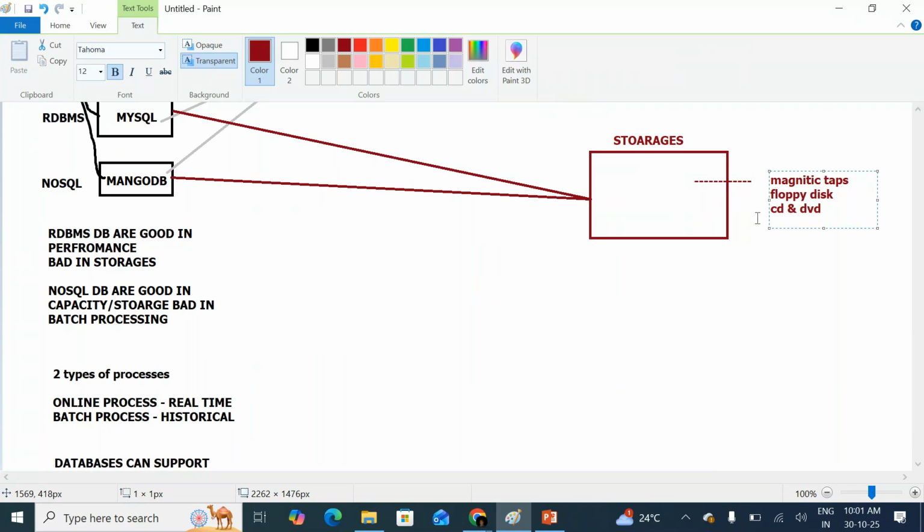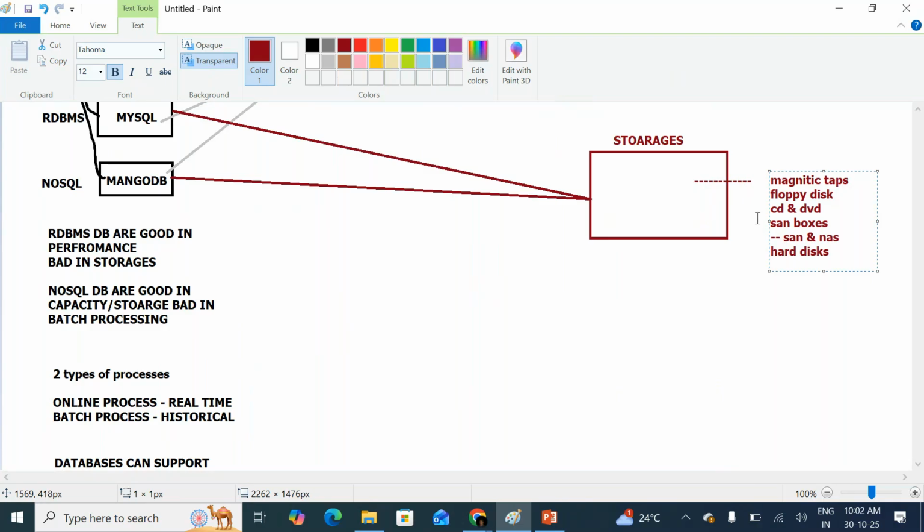After that, in storages like NFS, SAN and NAS, storage area network and network attached storage. I will show you. And then they used to use hard disks.